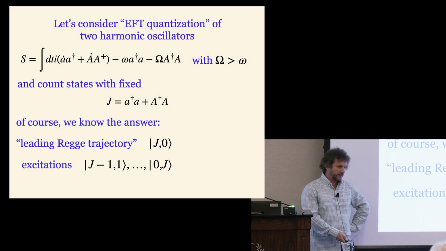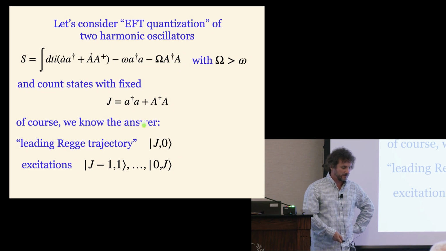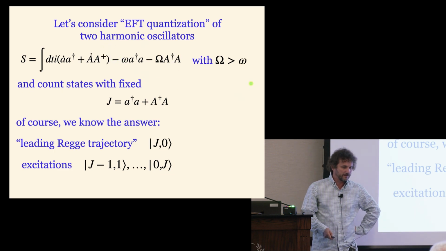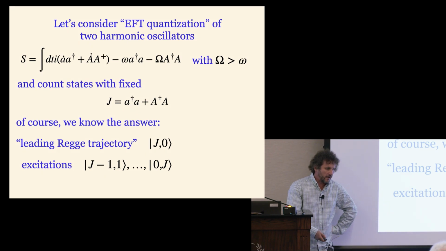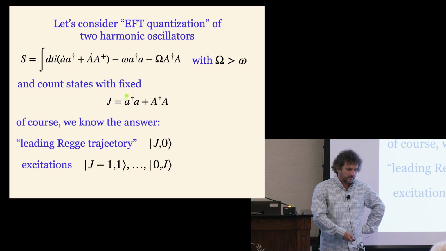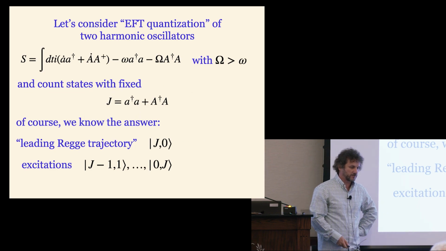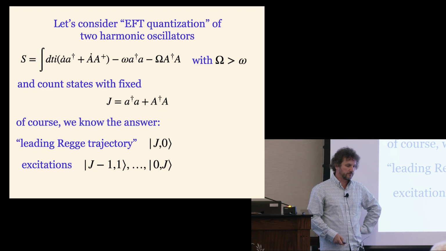So what I wrote here is an action, written in first order formalism, but it's just the familiar action for two harmonic oscillators with frequencies little omega and capital omega, and capital omega is larger than little omega. And I want to count states as a function of j, which is this particular combination of excitation numbers of the harmonic oscillators, so that's the analog of j in the full string picture.